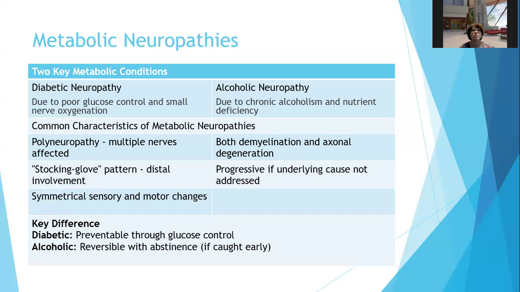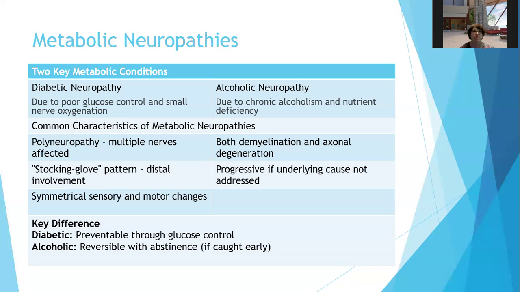So metabolic neuropathies, the two main ones are diabetic neuropathy that results from poor glucose control and small nerve oxygenation, and alcoholic neuropathy due to chronic alcoholism and nutrient deficiency. So they have common characteristics, even though they have different causes.